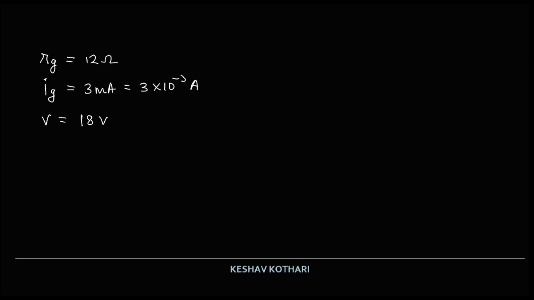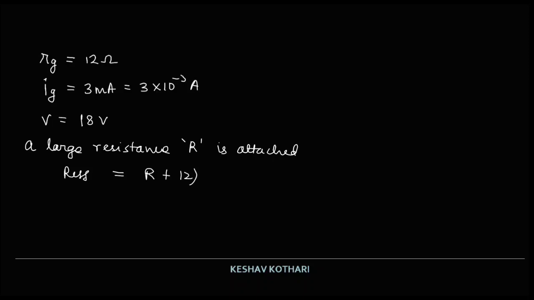So we are considering that a large resistance capital R is attached. So the effective resistance of the galvanometer now will become R plus 12 ohm. And on passing this feeble current, that is 3 milliampere, the potential difference must be 18 volt. So over here I can write that V, that is equal to 18 volt, is equal to R plus 12 into feeble current, that is Ig.